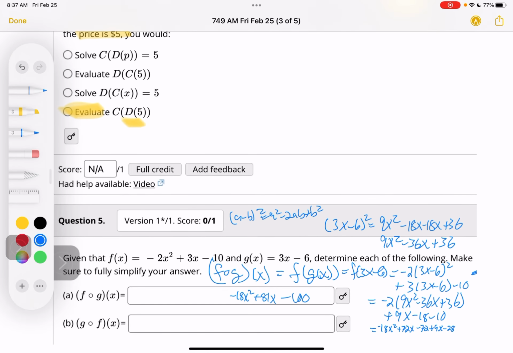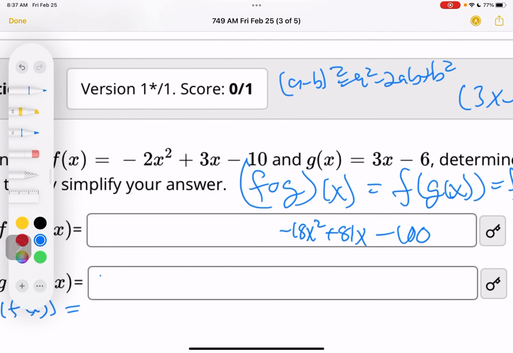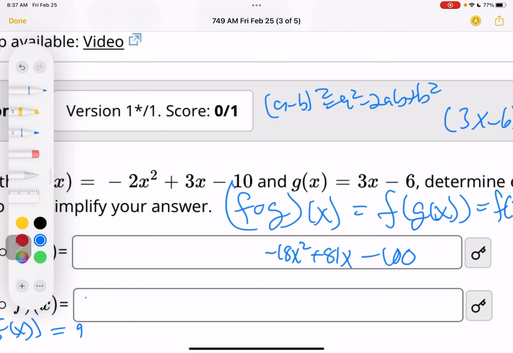Okay, the other one isn't as bad because it's plugging this polynomial, this trinomial into the x for the 3x minus 6. So this is a g of f of x, and that's going to be g of negative 2x squared plus 3x minus 10, which is going to be 3 times that trinomial, negative 2x squared plus 3x minus 10, and then minus 6, just minus 6, excuse me.